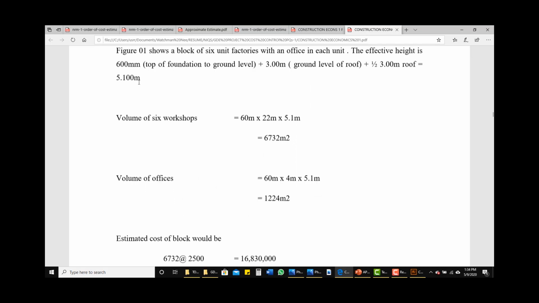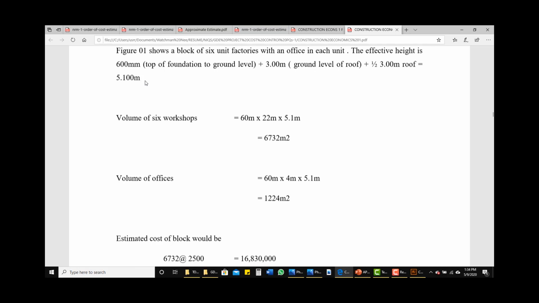We come about the height using this example by saying 600 mm, which is the top of my foundation to ground level, plus 3.00 meters, which is ground level to the roof level, then plus half of 3 meters, which is the height of the roof. The total of the three gives us 5.100 meters. So that's the height that we are going to be using.